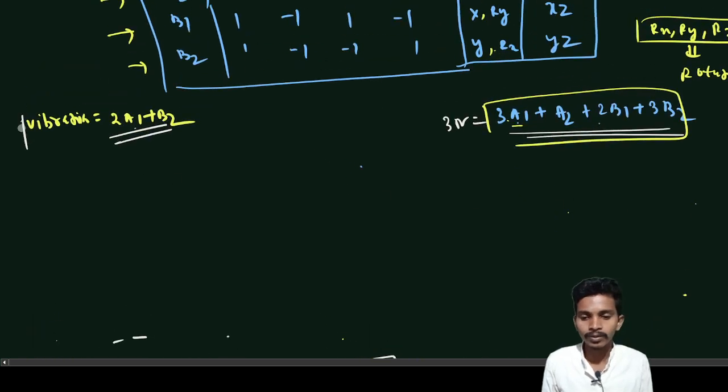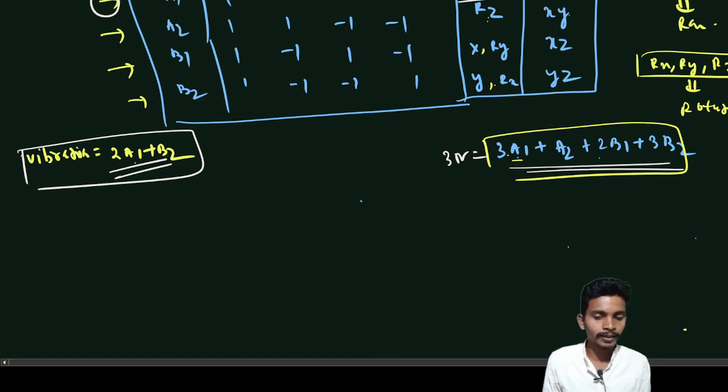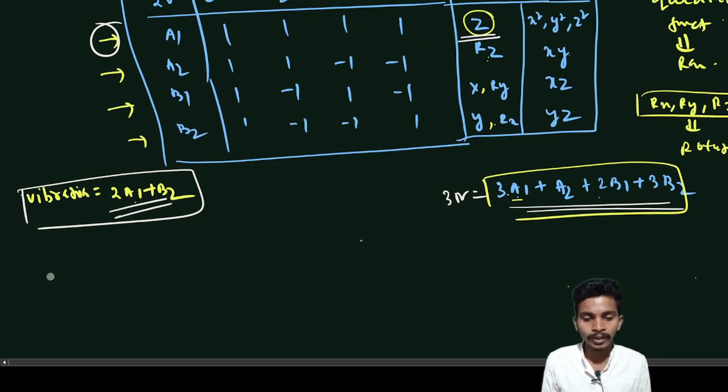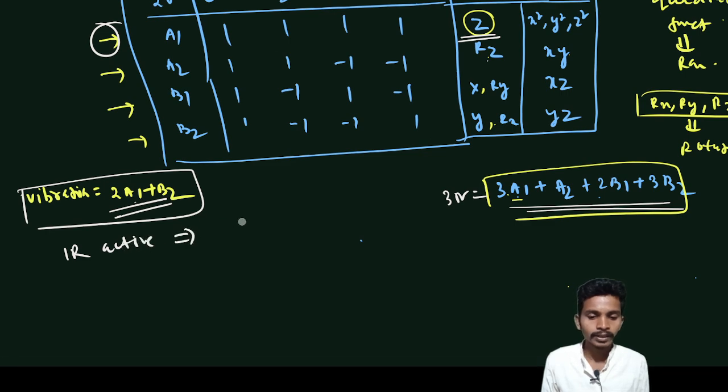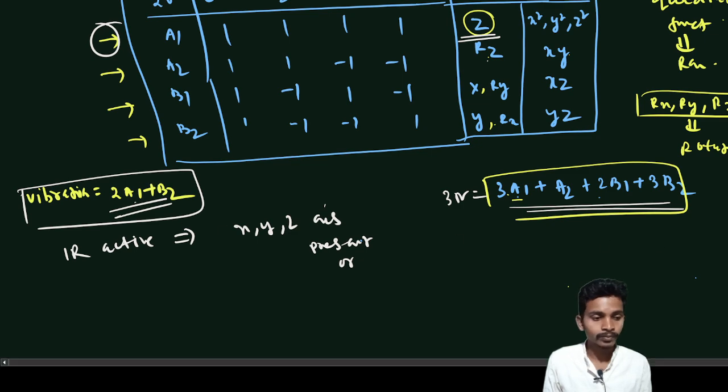So vibrational modes we have this one, and for IR active or not, what will we check? We will check whether x, y, z axis is present or not. If present, then those are IR active. Okay. So we will check both A1 and B2.